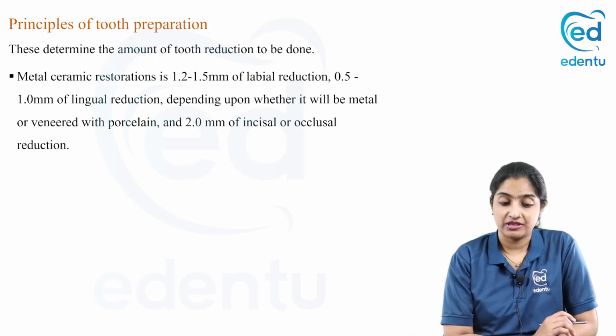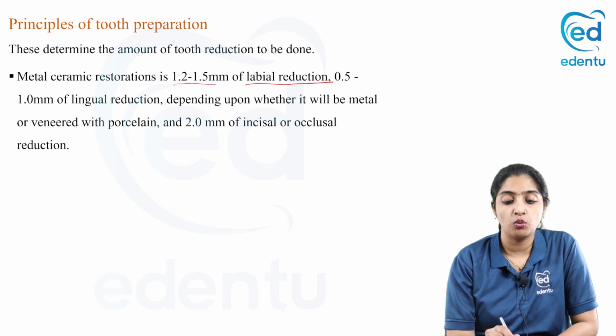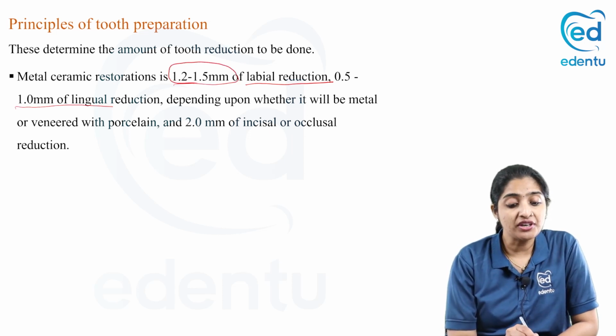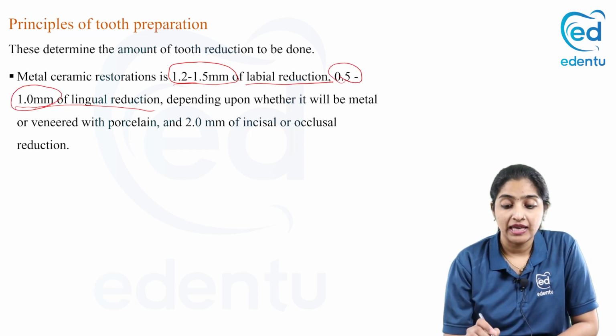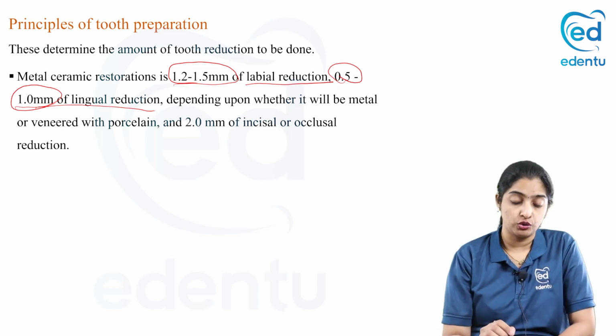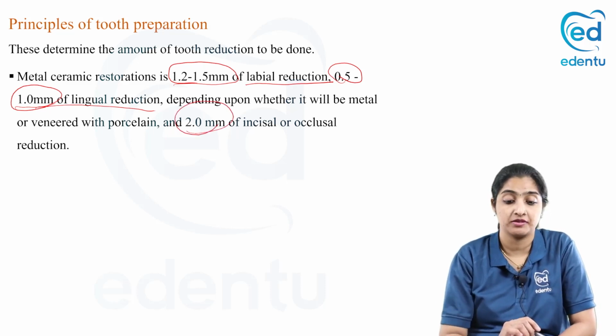For metal ceramic restorations, you do a labial reduction of about 1.2 to 1.5 millimeter. Lingual reduction is around 0.5 to 1 millimeter, depending on whether it is metal or veneered with porcelain. Now, the incisal or the occlusal aspect is definitely going to be around 2 millimeters, nothing less than 2 millimeters.